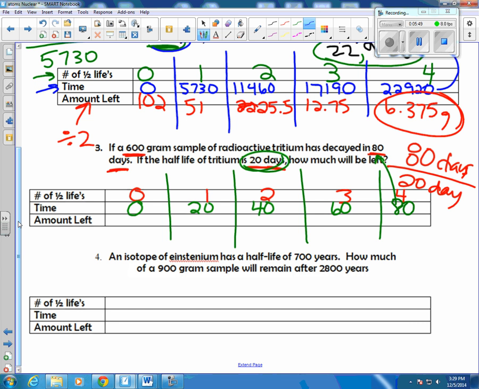So how much is left? We start off with 600. 600 divided by 2 is 300. Divided by 2 again is 150. 150 divided by 2 is 75. And 75 divided by 2 is 37.5.